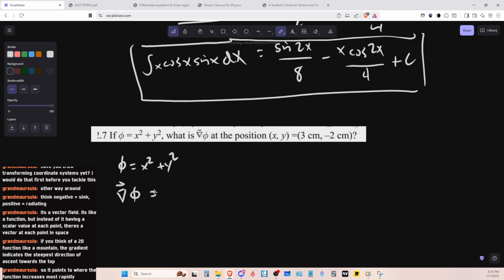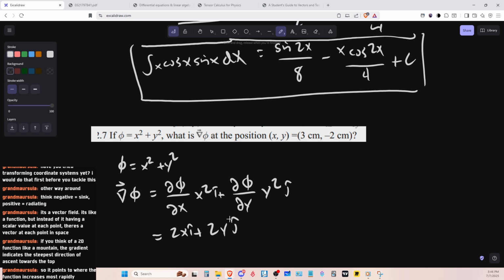So if we think of the gradient, it has to be of x, and then of y, meaning vector field. Now I think we have to put i and j here, and at position 3 and 2.